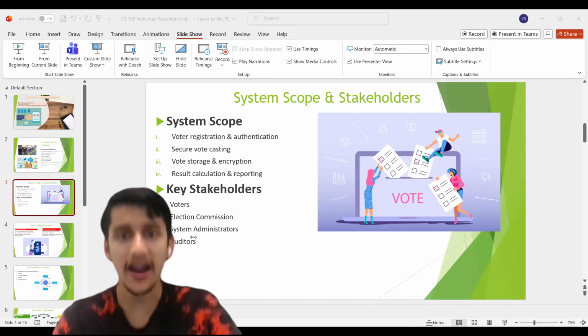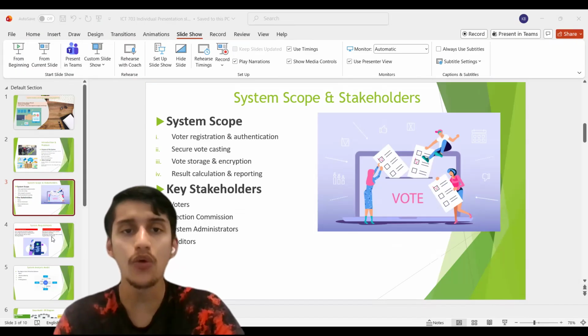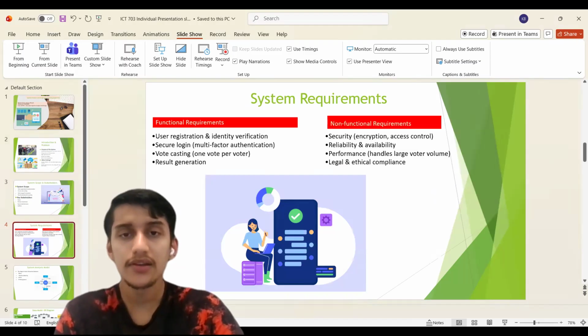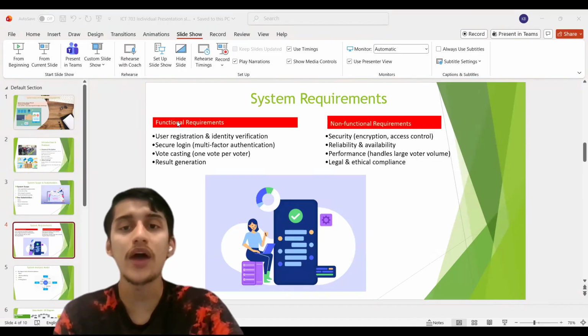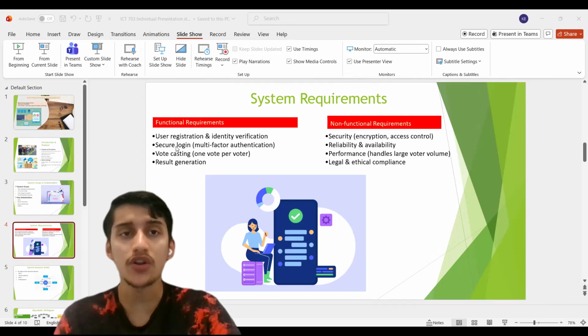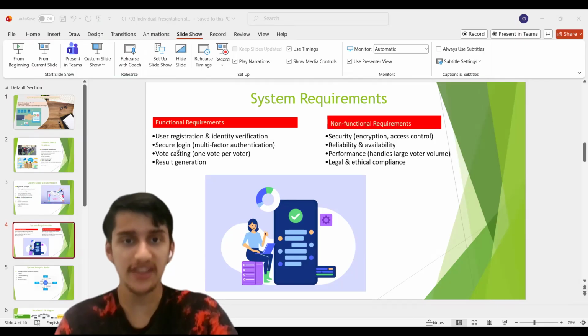Once the scope is defined, the next step is identifying what the system must do and how well it must perform. The system requirements are divided into functional and non-functional requirements. Functional requirements include user registration, secure login using multi-factor authentication, vote casting with one vote per voter, and automatic result generation.